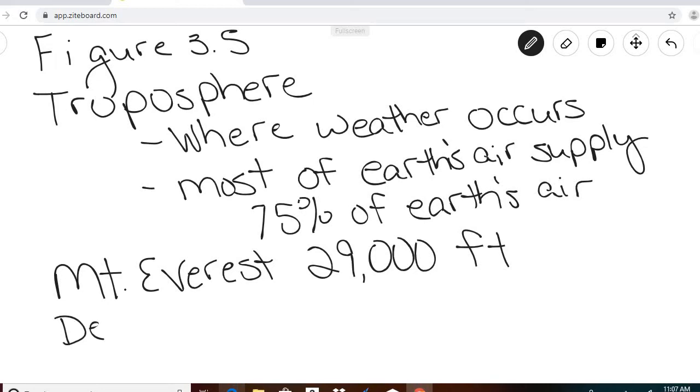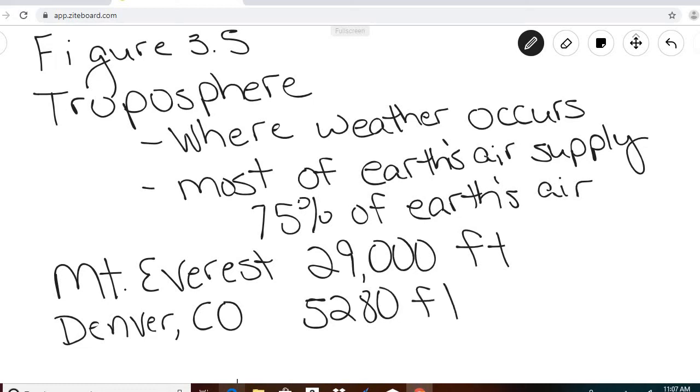Most of us aren't going to be climbing Mount Everest, but many of us go to a city like Denver, Colorado, which is called the Mile High City. And a mile is 5,280 feet. So Denver, Colorado is 5,280 feet above sea level.